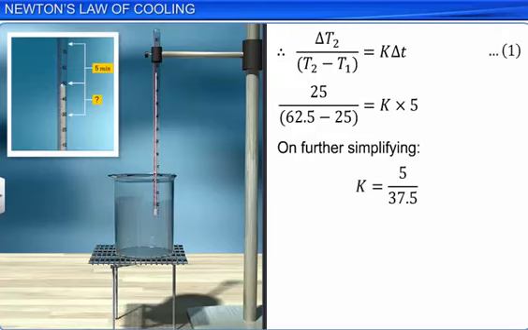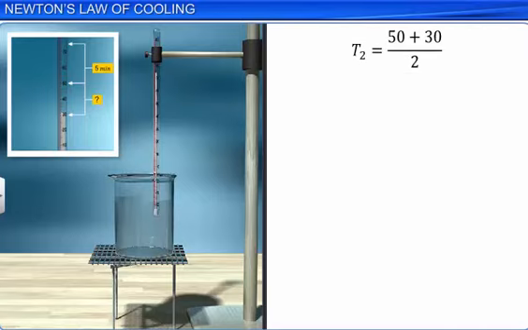Now, the values to calculate the time for the water to cool from 50 degrees Celsius to 30 degrees Celsius are the average of 50 degrees Celsius and 30 degrees Celsius, which is 40 degrees Celsius, and hence T2 is equal to 40 degrees Celsius. T1 is equal to 25 degrees Celsius. Delta T2 is equal to minus 20 degrees Celsius.